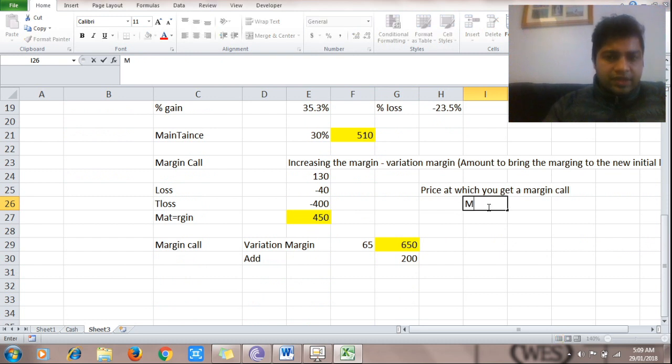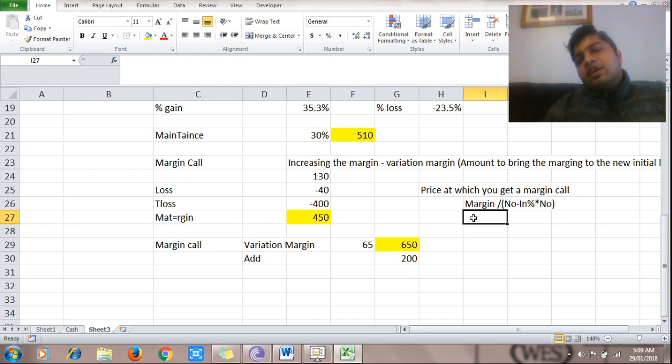It is the margin amount you deposit divided by the number of stocks you are trading on, minus the initial margin percentage multiplied by the number of stocks. So the price at which you get a margin call, this is the price of the stock. So the stock price at which you will get a margin call.